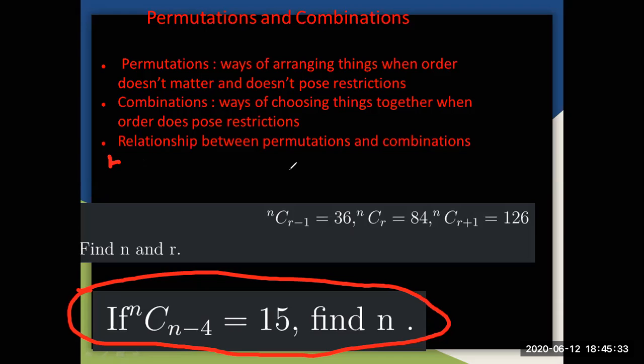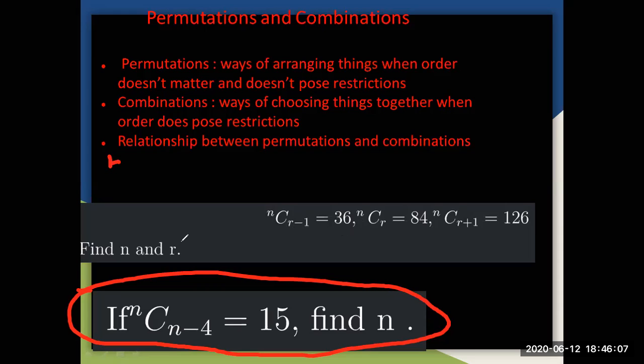I was working on the first question all along, and I could find the equation, but not the n and r. Usually in IB questions, you have two consecutive coefficients, but not three consecutive coefficients given.